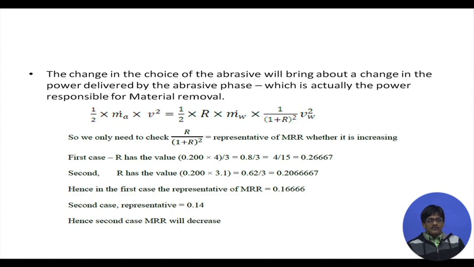So, if we calculate the R value, we find that the representative of R by 1 plus R whole square is coming out to be, in the first case 0.166 and in the second case 0.14, and therefore, in the second case the MRR will decrease. MRR will decrease.